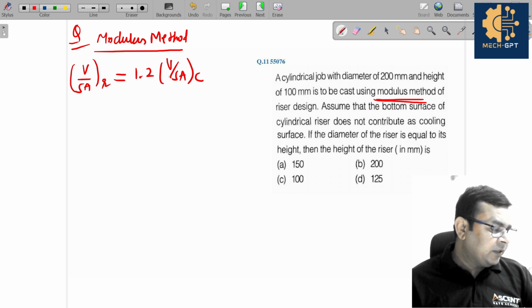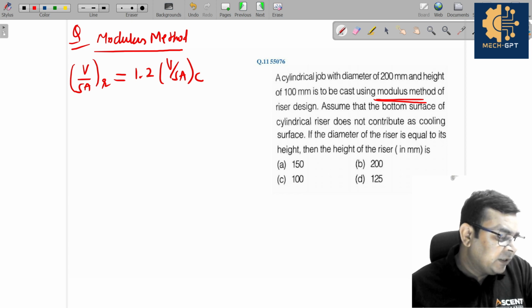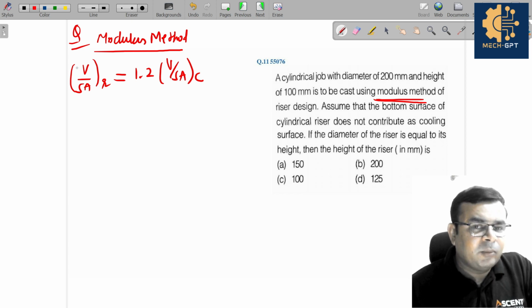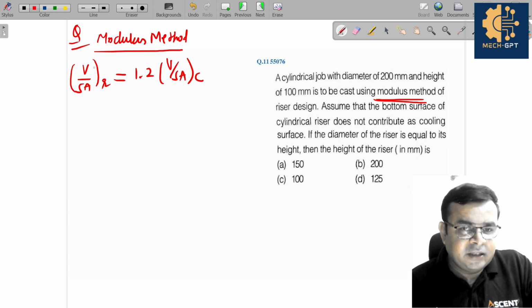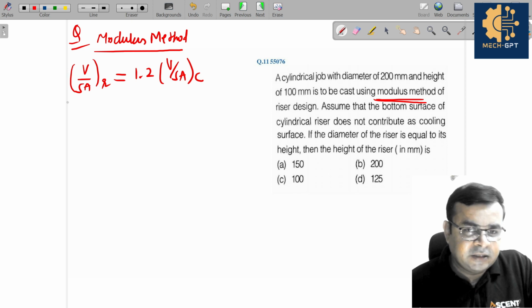Correct? So simply you can say this SA/V is called modulus. And what is modulus? Modulus is the reciprocal of the cooling characteristic, and SA by V is the cooling characteristic. So that's why I am writing this relation directly.